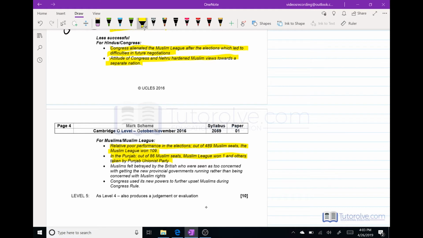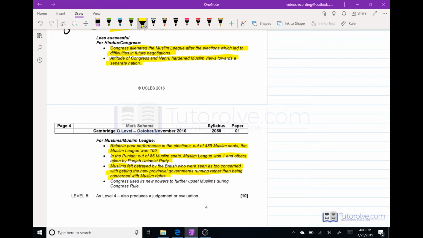So again, in Punjab, which was one of the largest provinces in the region, they could only muster one seat, which was really bad. And Muslims felt betrayed by the British, who were seen as too concerned with getting new provincial governments running rather than being concerned with Muslim rights. So Muslims thought that the British do not care about Muslim rights at all.